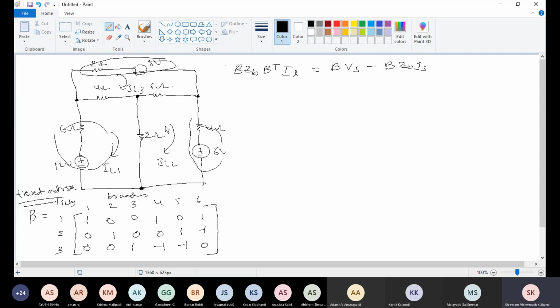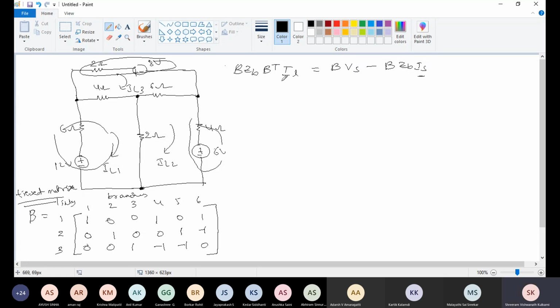Here there is no current source, so IS is 0.